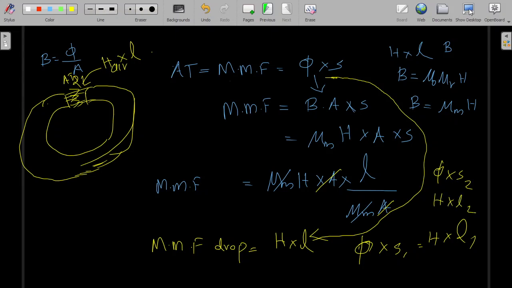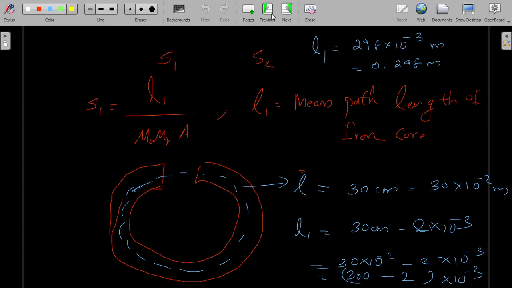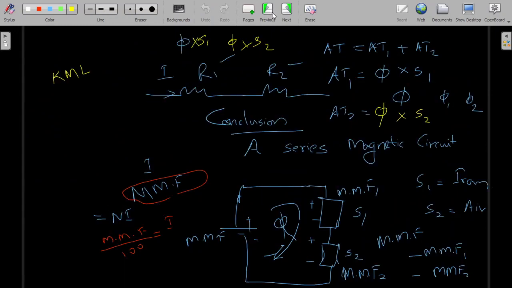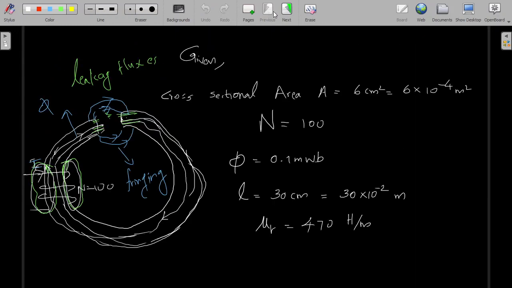So if you find out H, this phi is given as 0.1 milliweber. Find out H from that.